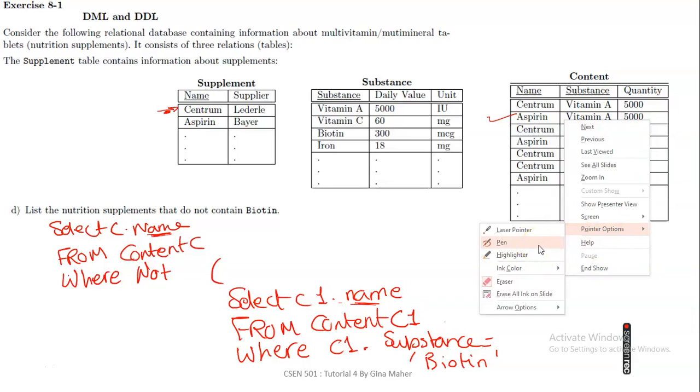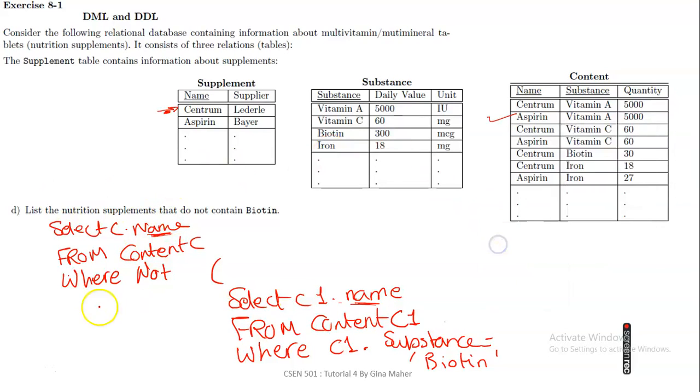Okay, how can we do so? Now we have all the names here, and here we have the names with biotin. We want to check that whenever we find a name in this query that is not in this query, then it returns true.